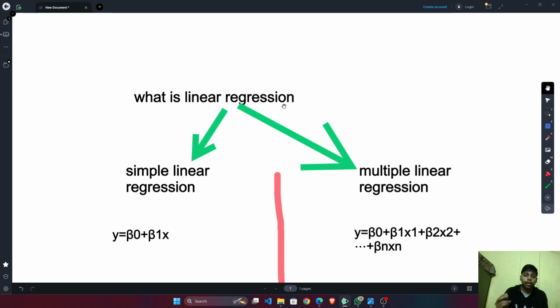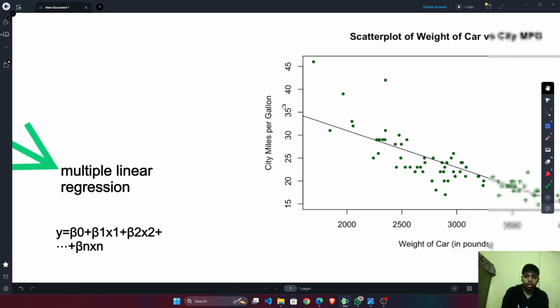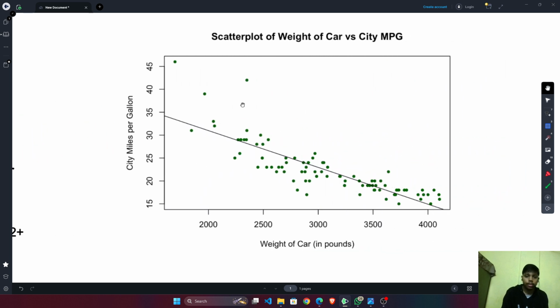The graph of linear regression looks like this. Here the dependent variable is city miles per gallon and the independent variable is weight of car.